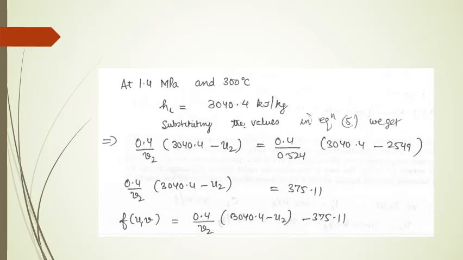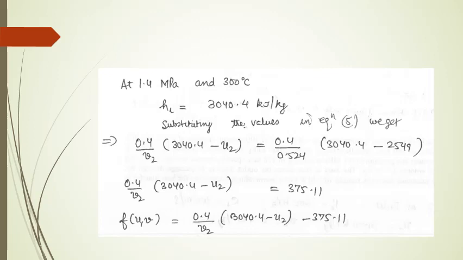Substituting the values in equation number 5, that is the energy balance equation, we get an expression that is having two variables. In the last slide we have shown f(U,V) because it is a function of U and V, so I have represented it by this function.